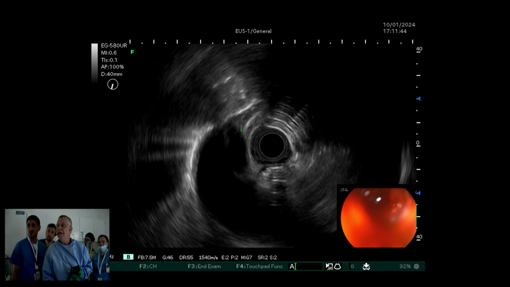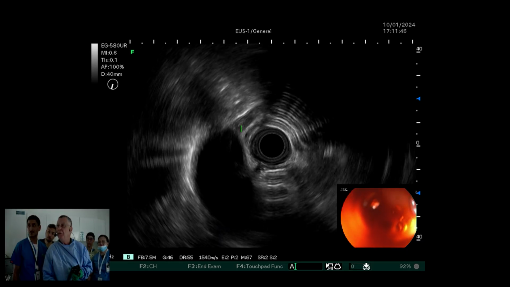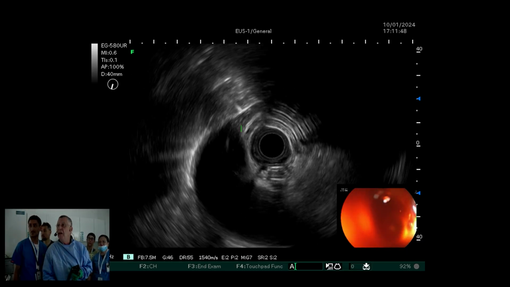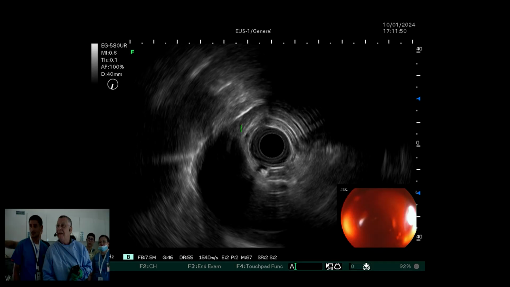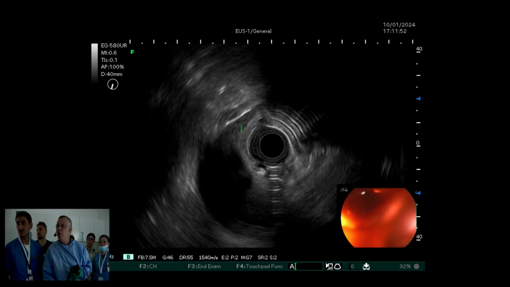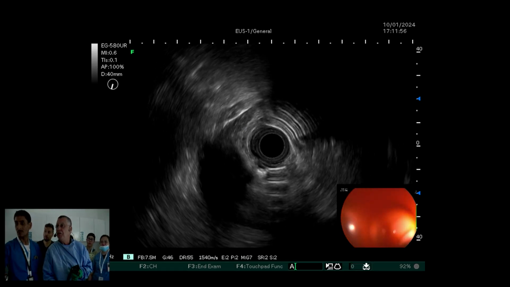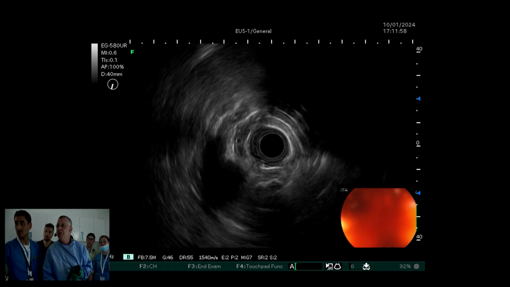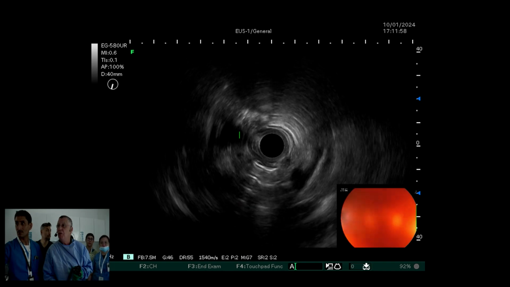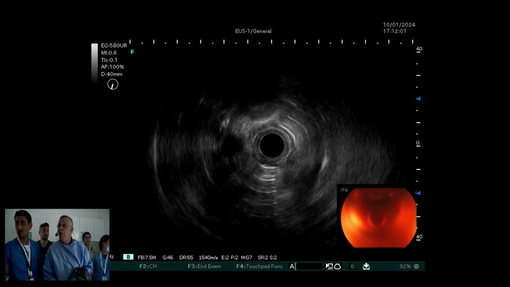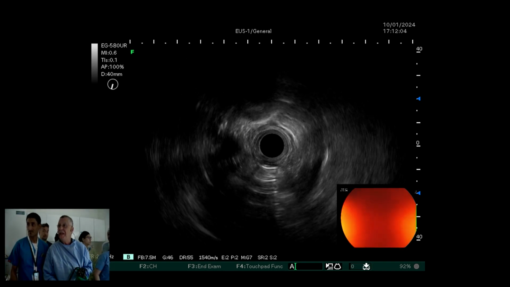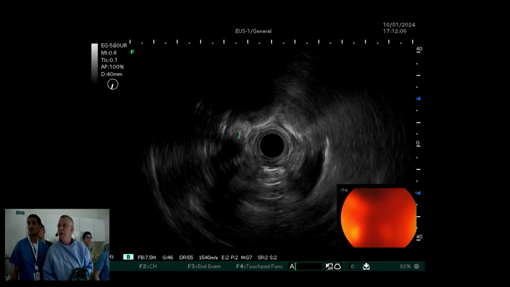So the lymph nodes which are between the esophagus, the aorta and the trachea, we call that left intertracheal and esophageal nodes. And on the other side, these are the right. So I pull back, I have no lymph node, no lymph node. Now I pull back at the upper part of the mediastinum, no lymph node.